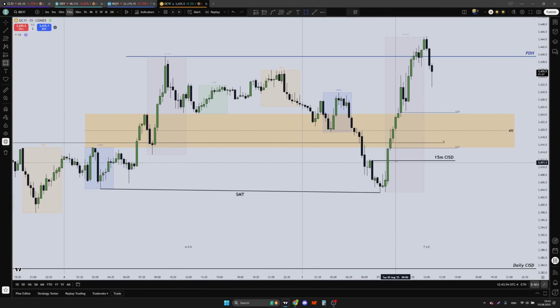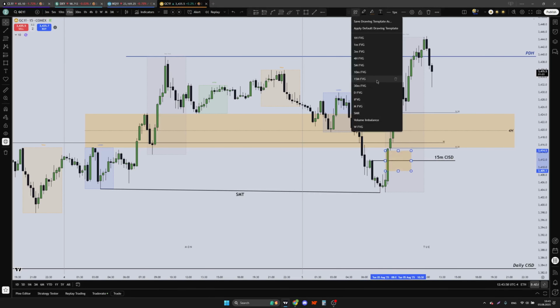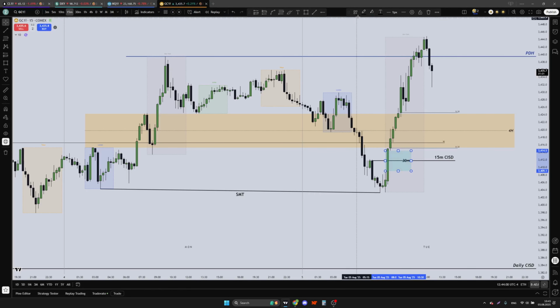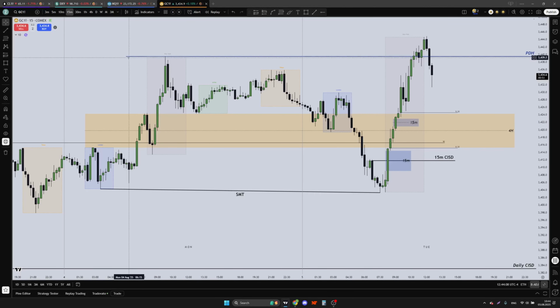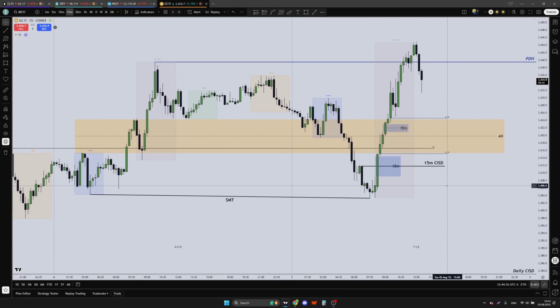After that we have all of these displacement in the forms of 15-minute BCs higher. We have lots of them here, and for us it's great because that's the exact conditions in what we want to trade. Like that's exactly what I see happen in our session, our New York session.